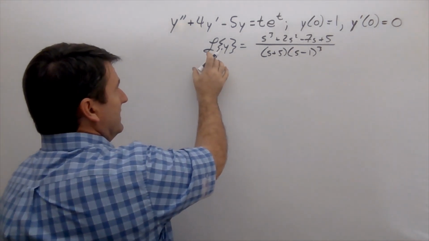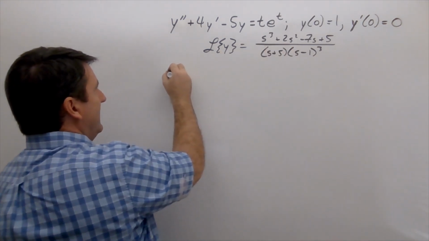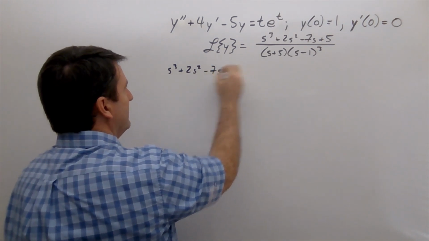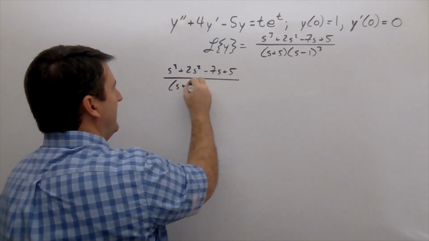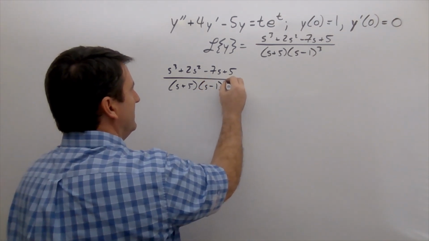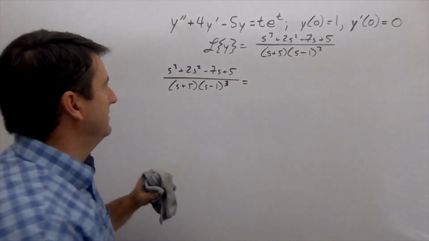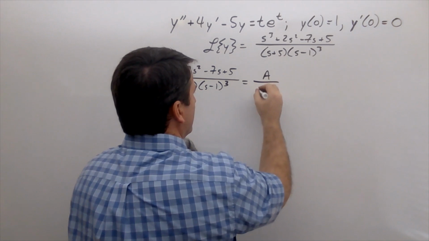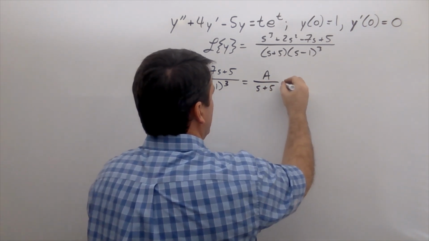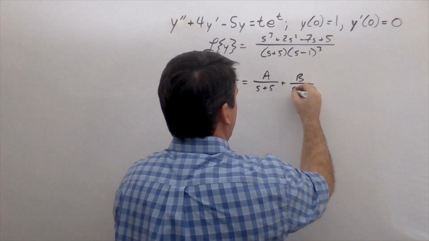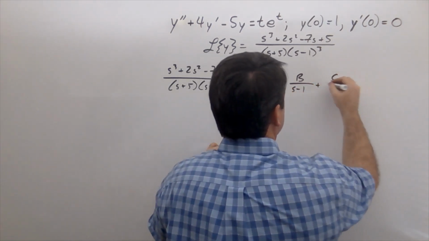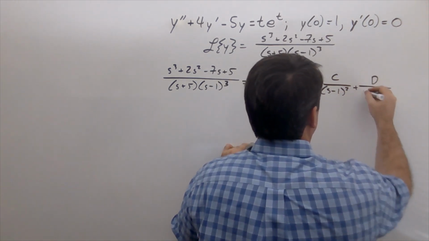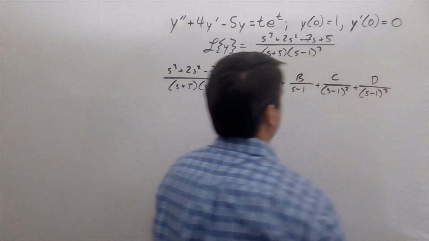So let's set (s cubed plus 2s squared minus 7s plus 5) over (s plus 5)(s minus 1) cubed equal to some constant A over our first factor, s plus 5, plus some constant B over s minus 1, plus some constant C over (s minus 1) squared, plus D over (s minus 1) cubed.